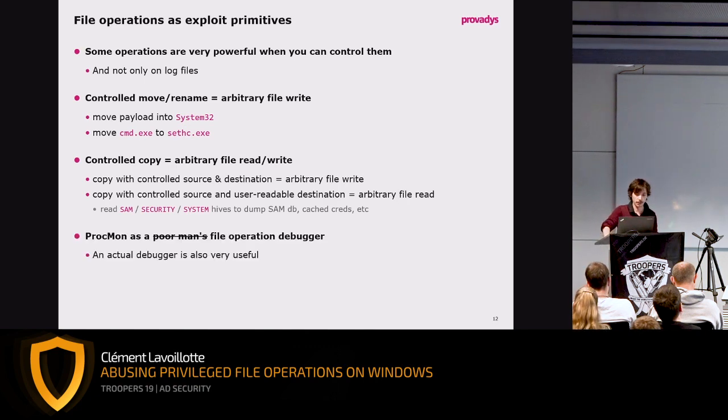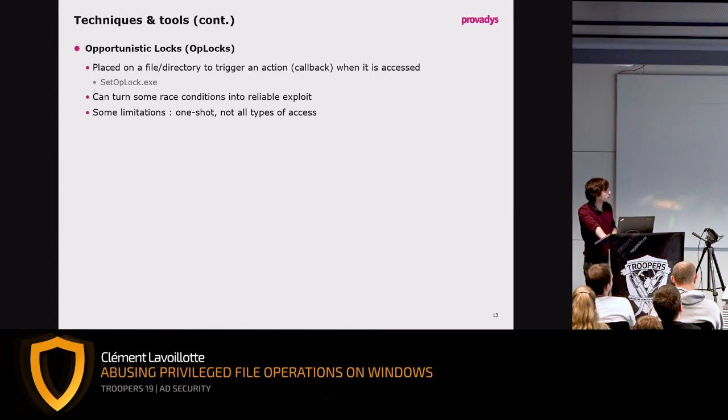And again, we can use Procmon or a debugger to see if everything works. And some operations do require precise timing, as you can imagine. And for this, there are oplocks, which are locks that you can put on files that will allow you to get a callback whenever another process wants to access this file, and the other process will be blocked from accessing the file until you release the lock.